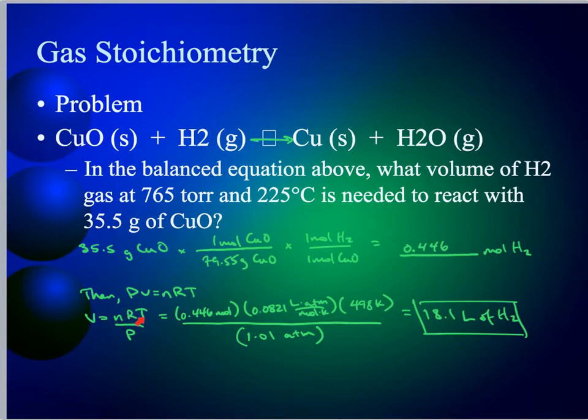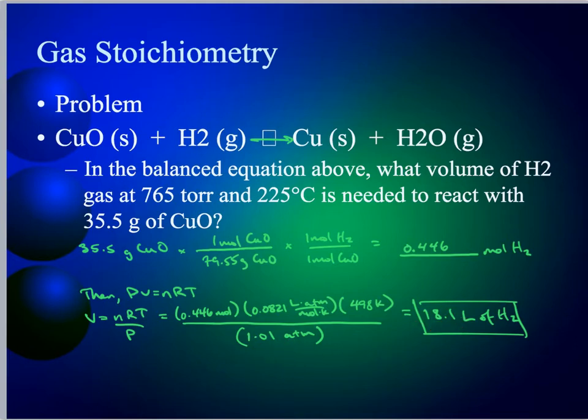V is equal to nRT over P, and plug in n, 0.446 moles, R, 0.0821, T, here we have to add 273 to 225, so that's 498 Kelvin. And the pressure, 765 torr, is 1.01 atmospheres, dividing 765 by 760.